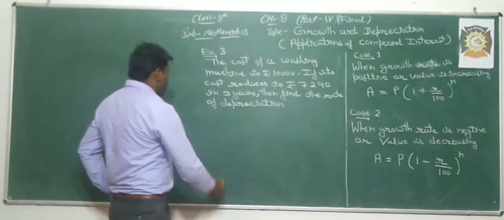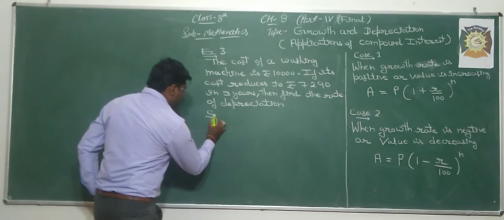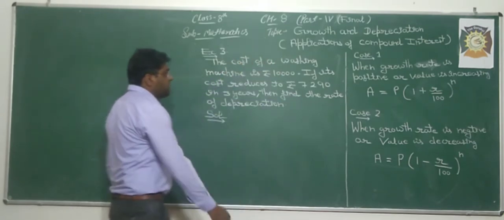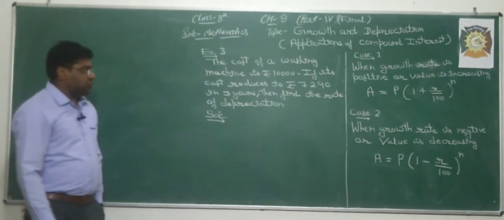So first of all, write the given things. What are given here? The cost of the washing machine, that means this is the present cost.